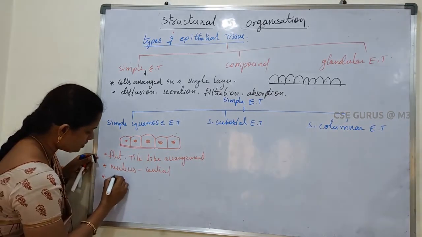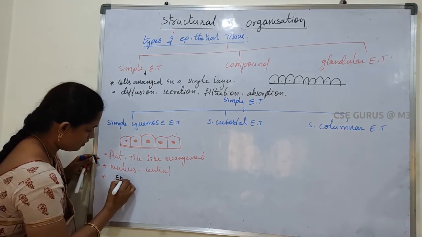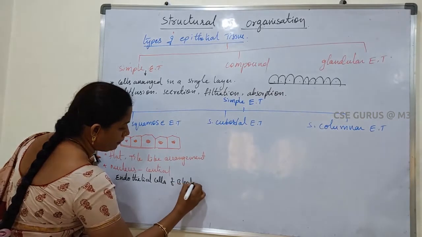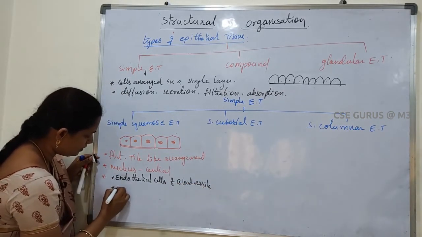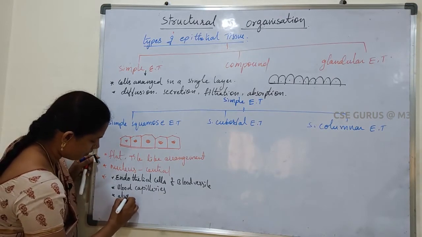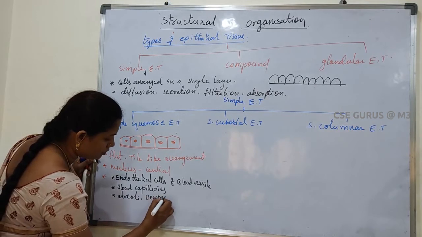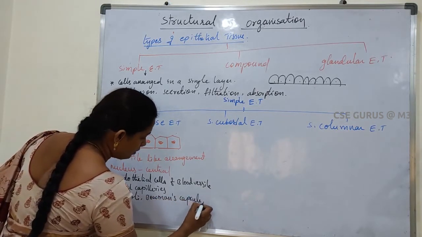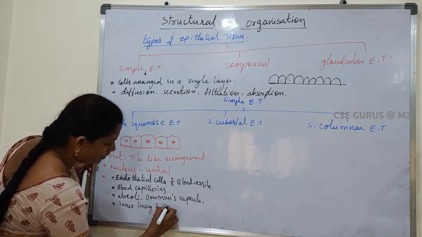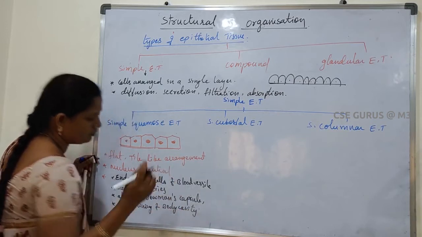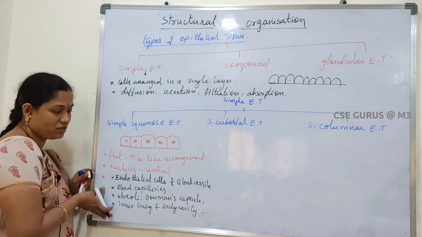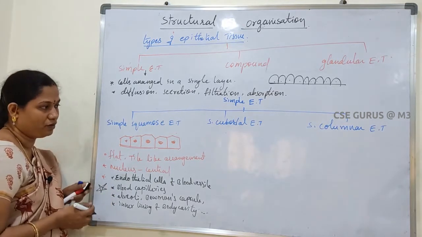It is present in the endothelial cells of blood vessels, blood capillaries, alveoli, Bowman's capsule, and the inner lining of body cavity, etc. So in these parts the simple squamous epithelial tissue is present. This location is very important.